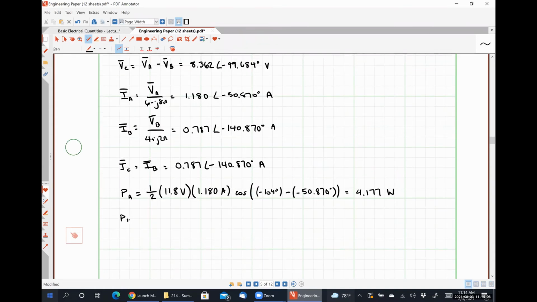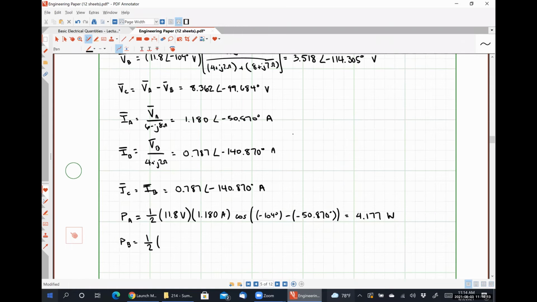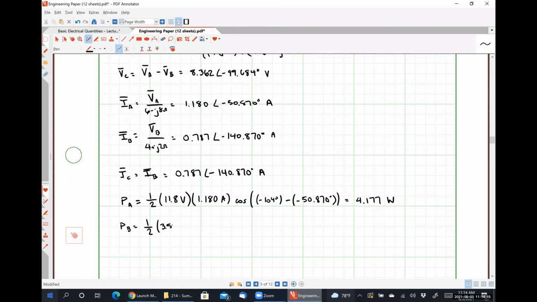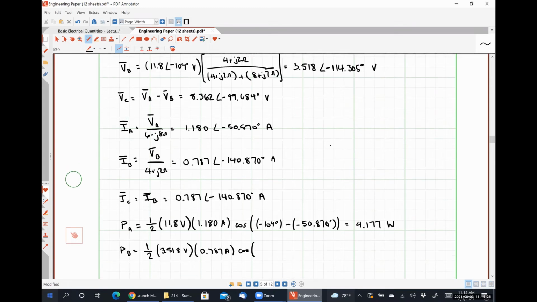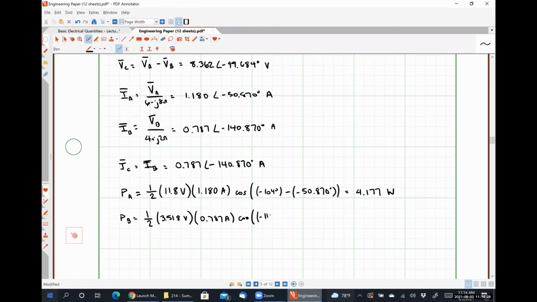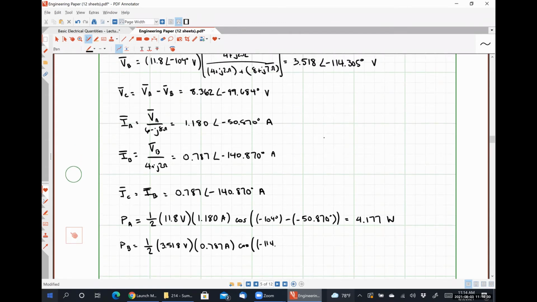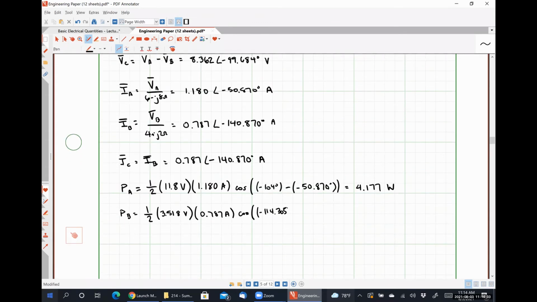For element B, same exact equation: 1/2 times the magnitude of the voltage, so that would be 3.518 volts, times the magnitude of the current, 0.787 amps, times the cosine of theta V, negative 114.305, minus the angle of the current, negative 140.870 degrees.